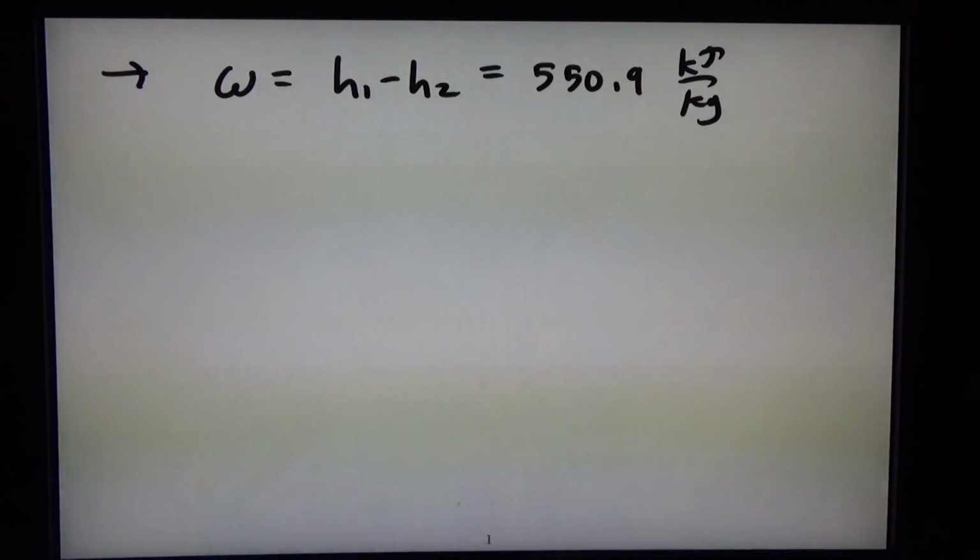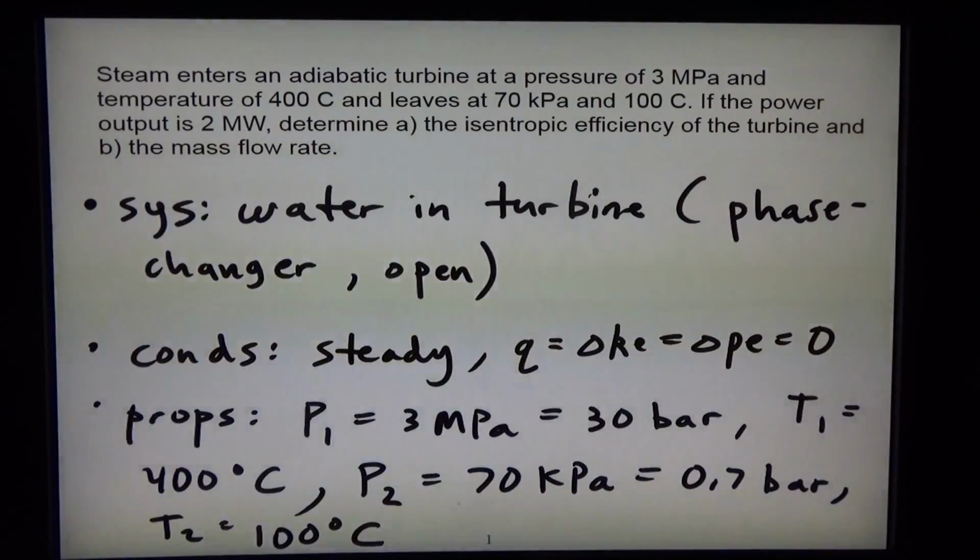That gives us a mass flow rate of, power was, well, we didn't even write it down. So the power, we read it off in the problem statement, but I didn't write it down. The power was 2,000 kilowatts, or 2 megawatt.